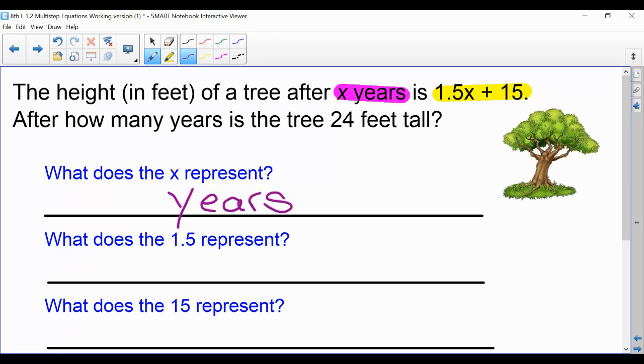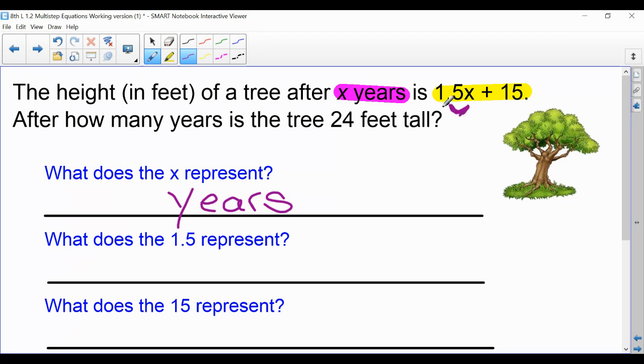Okay. What about the 1.5? What could the 1.5 represent? So the 1.5 is directly attached to the X, which is the number of years. So when you're talking about a tree growing in height, it would grow so much per year.